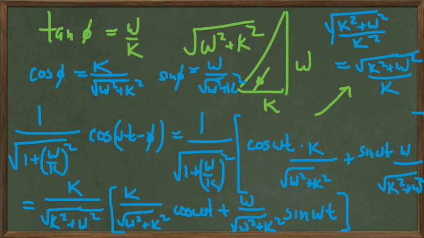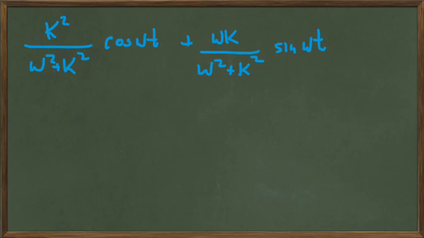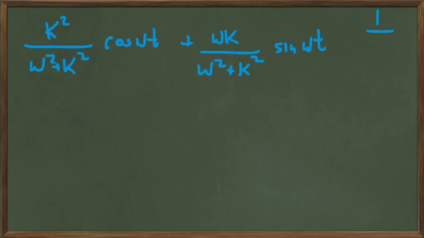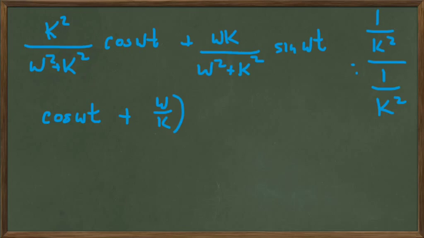So you can see that these factors here, when we distribute, are going to get rid of the square root in the denominator, so it looks like this on the next blackboard. We're just distributing across here, and then if we take the numerator and denominator and multiply by 1 over k squared, we get cosine omega t, because the k squared out front is gone, and then omega over k divided by k squared is omega over k times sine omega t.